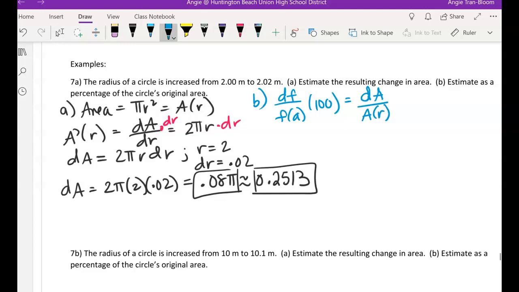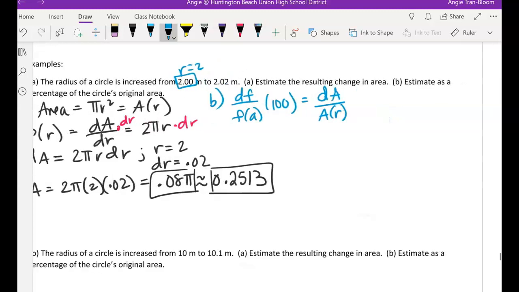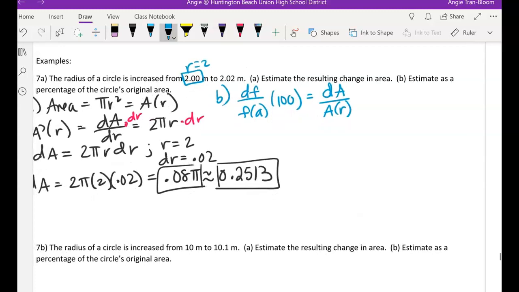Remember, r was originally starting out as 2. So if we do that and multiply by 100, we're good. The change in area we found, I'm going to use the exact value, which is over here, 0.08 pi.